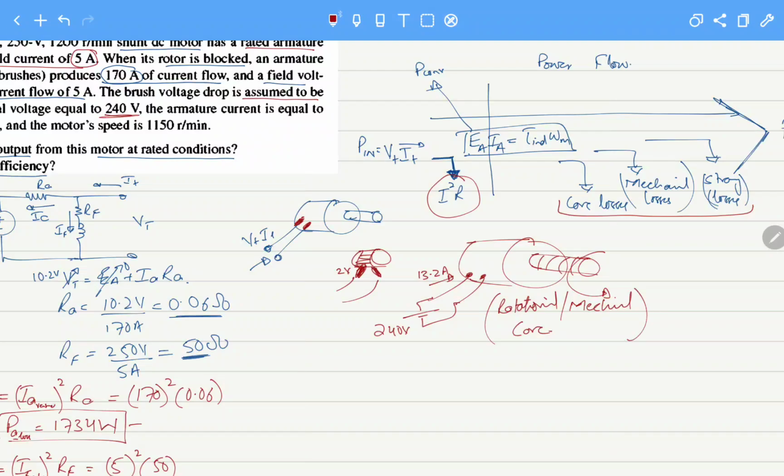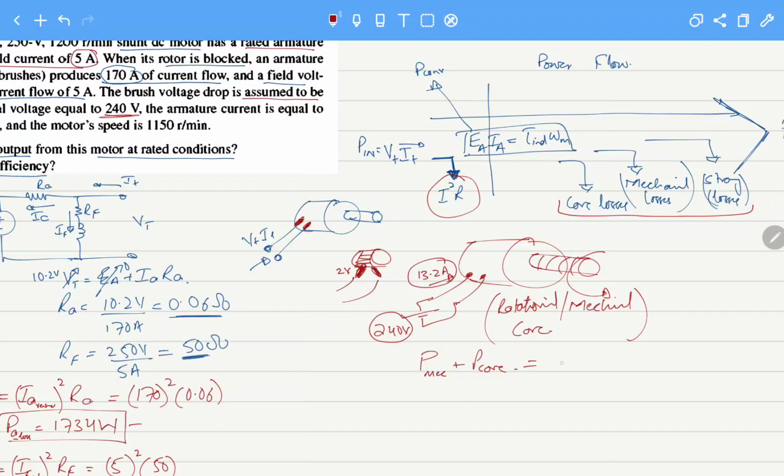When the machine is not moving any load but is taking up current, this is the current the machine uses to overcome its mechanical losses and core losses. So I can say that P mechanical losses plus P core losses is equal to the power being drawn by the motor at no load.